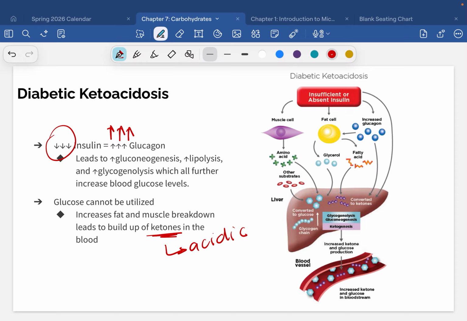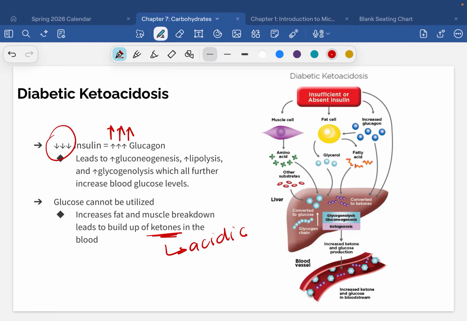And if this is happening in a small amount, it's not that big of a deal. But if it continuously happens over days and days, and this person does not have any food source, because try to think about what's happening in the body. This body is starving. It does not have food. What happens in a body if it does not have food?